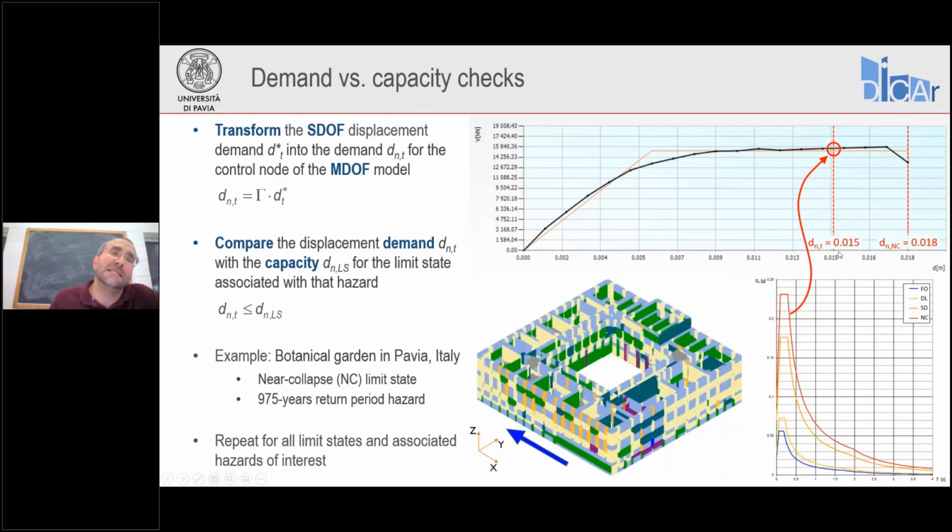The demand, in this case obtained with the standard N2 method, was 15 millimeters, already transformed from single degree of freedom to multiple degree of freedom system. So this is the control node displacement. 15 millimeters is less than 18 millimeters, so the building is responding fine, it is going to be able to withstand that demand. And we have to repeat this operation for all limit states of interest.